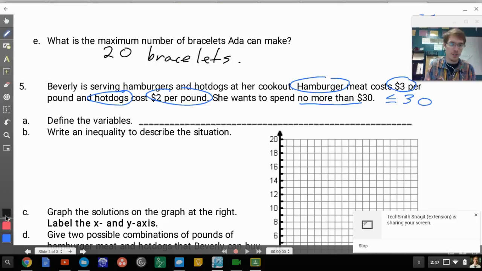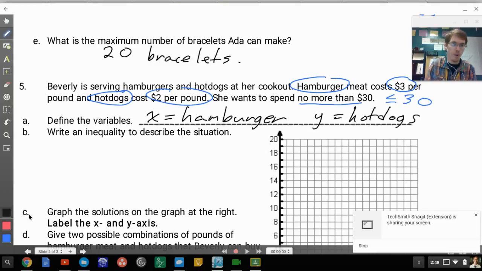All right, so the two things we don't know based on what we've just circled here are hamburger and hot dogs. So X is hamburger meat, and Y is hot dogs.